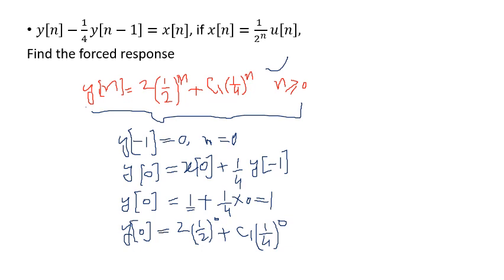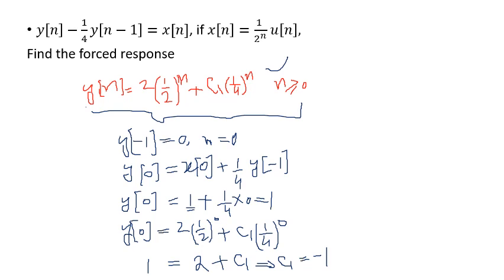I hope you understand. This will give you y of 0, which we have already found to be 1, so it will be 2 plus C1. So it implies that 2 is added here. If I shift to the other side, C1 equals minus 1.